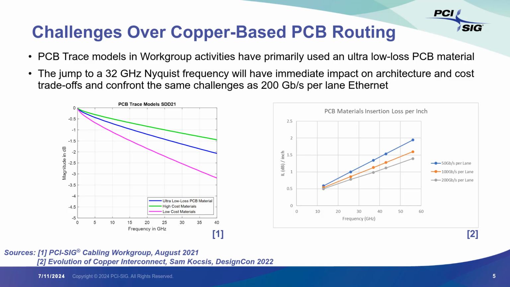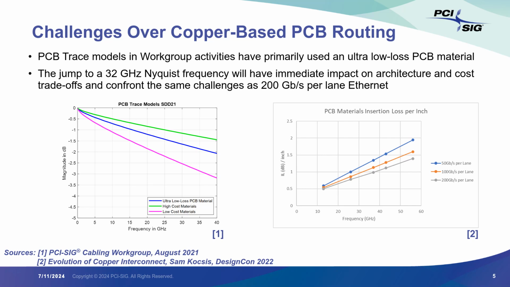If we stick with that Nyquist frequency for a minute and look at the insertion loss performance of PCB materials over frequency historically, the key takeaway here is that despite material improvements, which have been made, as we go faster to higher data rates, the loss of the material is always increasing, making it more challenging to achieve the same physical reach from one generation to the next. PCI-SIG work groups have historically used an ultra-low loss material as a reference for their development.